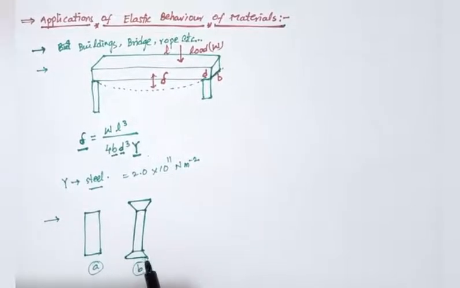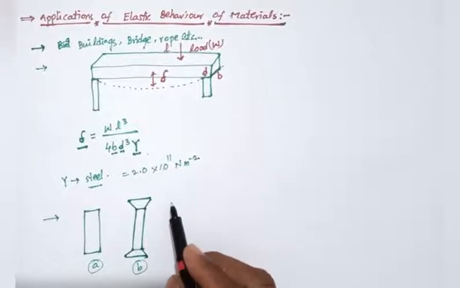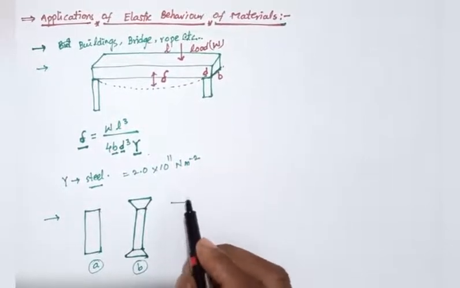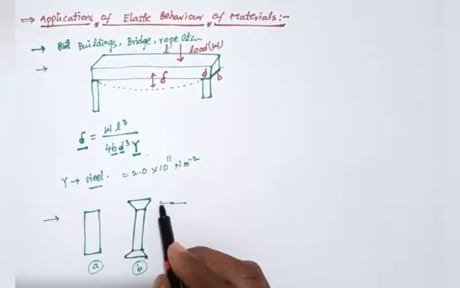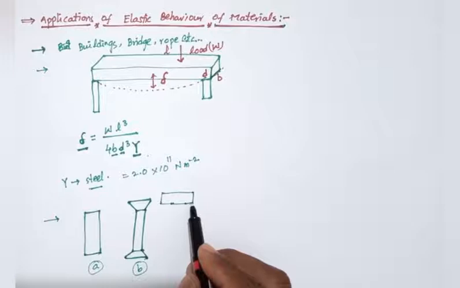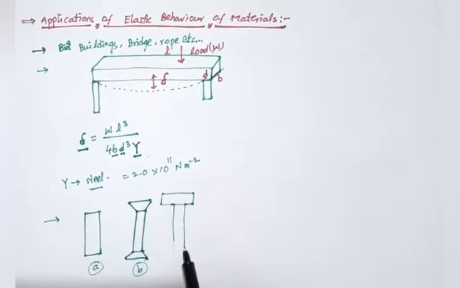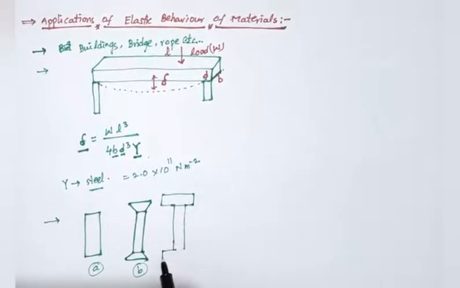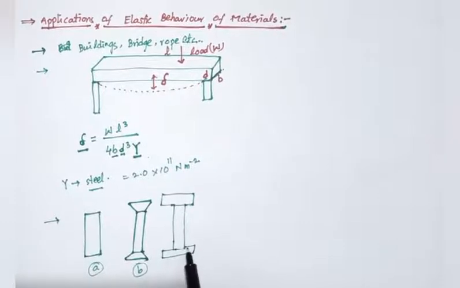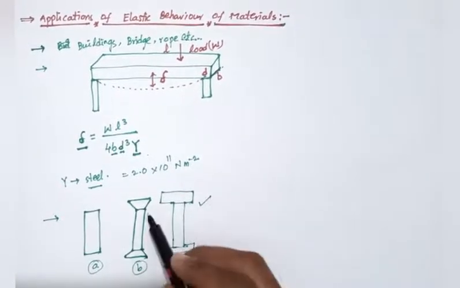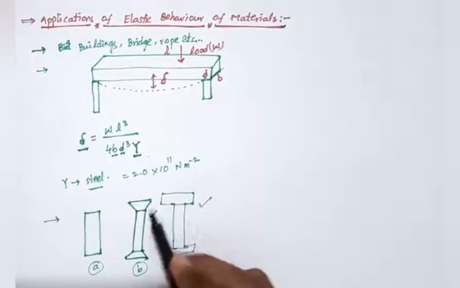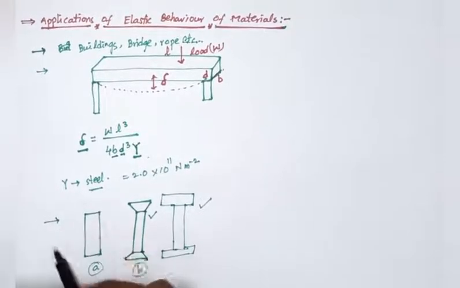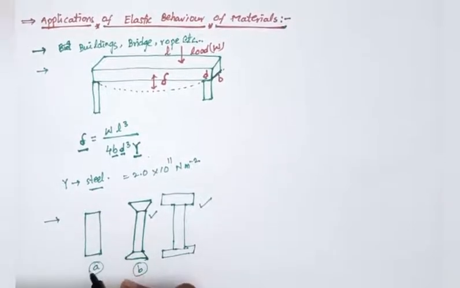This is also taken as an I shape. The I shape or distributed shape supports very high load compared to the rounded shape.